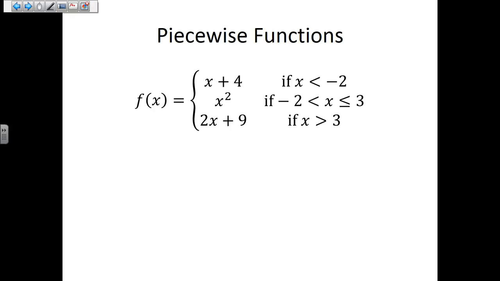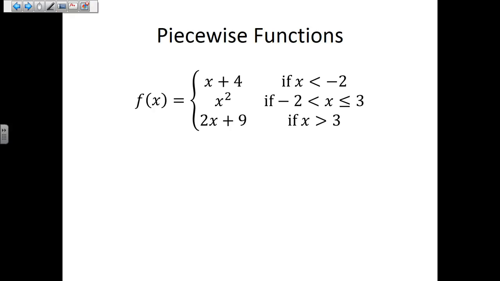So this function, f of x, is equal to x plus 4 if x is less than negative 2. So if my number is negative 3, negative 4, negative 5 billion, I just use the top part of that function. F of x equals x squared if negative 2 is less than x is less than or equal to 3. So I'm only going to use that middle chunk of this function right in the middle of my domain from negative 2 to 3.